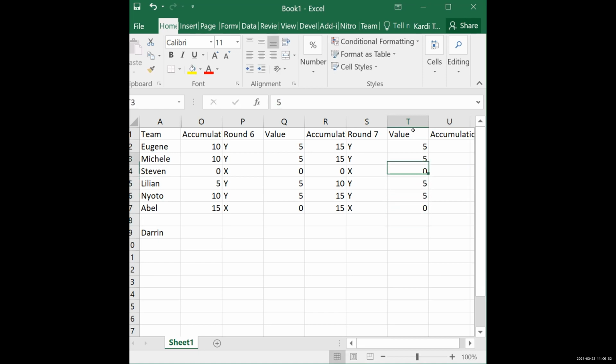The accumulation is this one plus the accumulation of before. Wow, now we get three winners, which are Eugene, Michelle, and Nyoto. You still have one more chance. Who will be the real winner in the last round? So I will stop sharing.